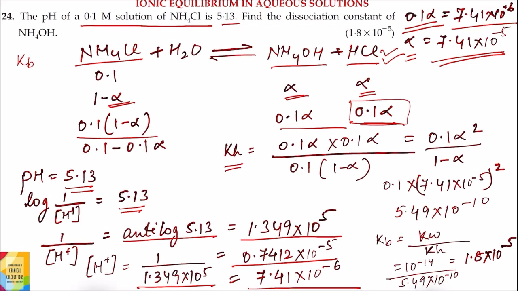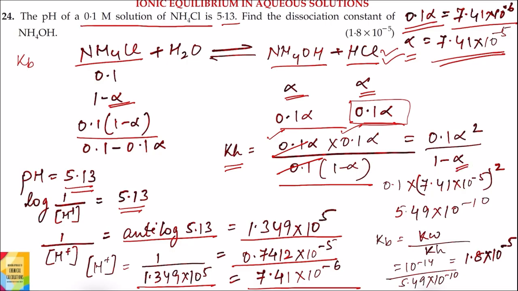The value of Kh is equal to the concentration of NH4OH at equilibrium multiplied by the concentration of HCl divided by the remaining concentration of NH4Cl. So, this will be 0.1 alpha multiplied by 0.1 alpha divided by 0.1 into 1 minus alpha.